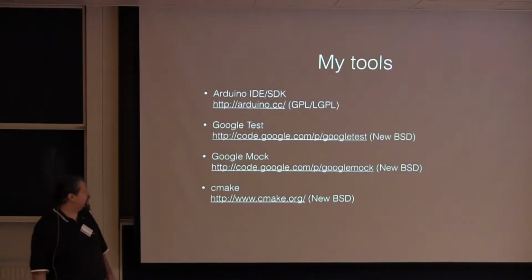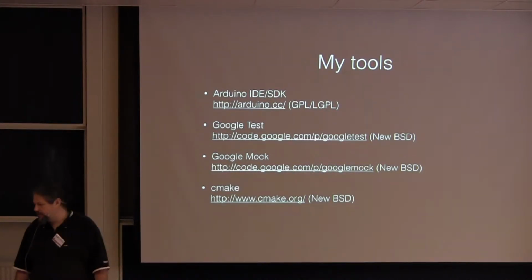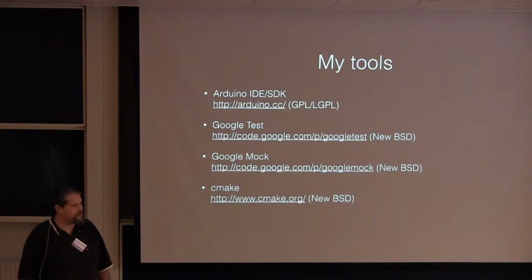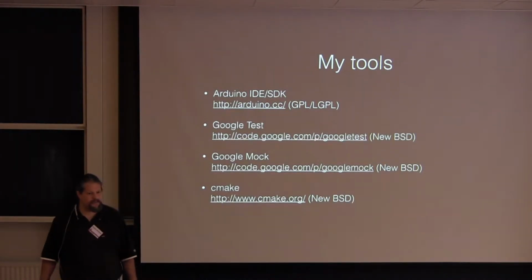The tools I'm using for development, I of course have the Arduino IDE and SDK. I mostly use the SDK part with the working compiler and some stuff from that. I don't use an IDE myself. I use Google Test. I think that is the best unit test framework at the moment for C++.